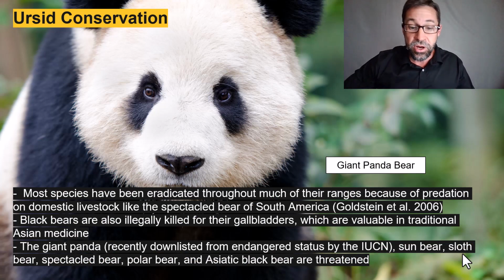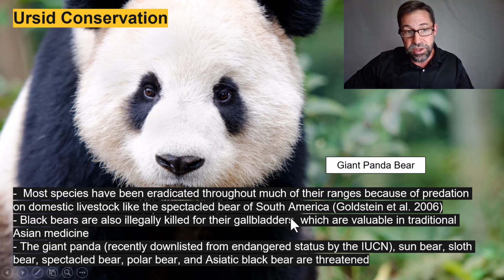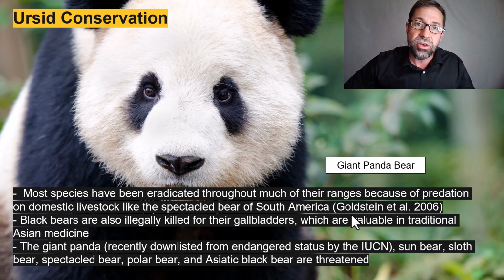As mentioned, bears have been eradicated throughout much of their historic ranges, often because of predation on domestic livestock. Great example is the Andean spectacled bear in South America, as reported by Goldstein. Asiatic black bears are illegally killed for their gallbladders, which are valuable in traditional Asian medicine.